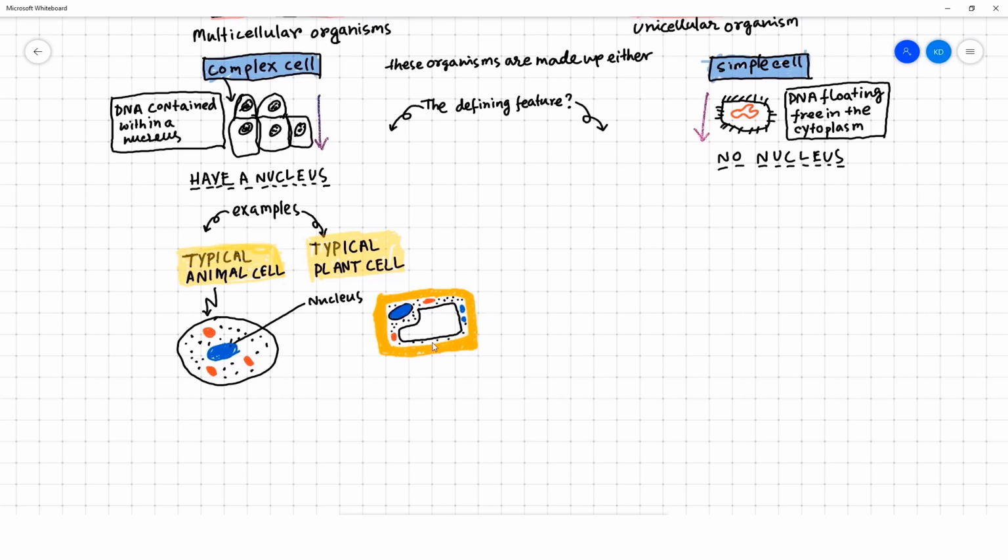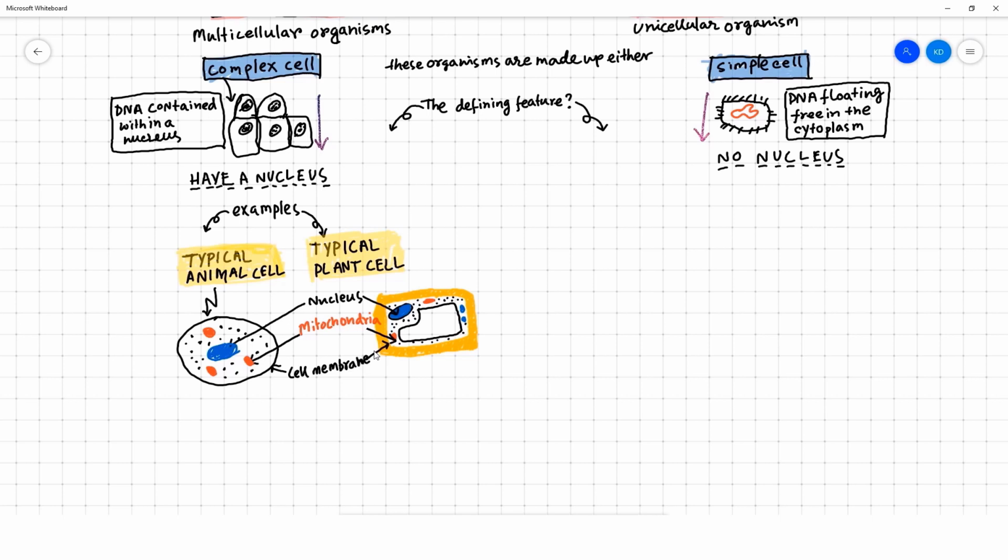This is actually the floating things here. This is the nucleus, and this one is mitochondria. Sorry, I need mitochondria. So here this one and this one is the cell membrane.